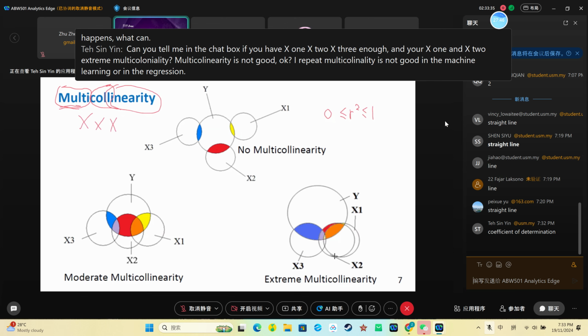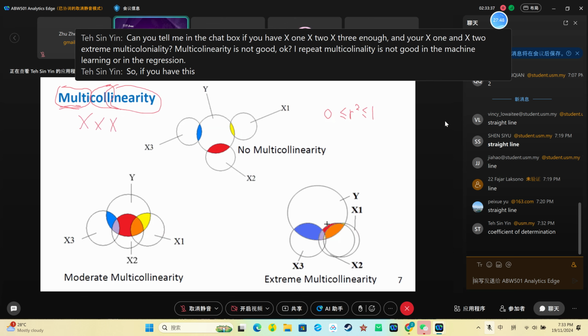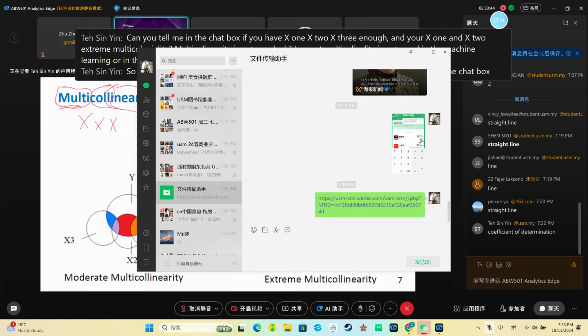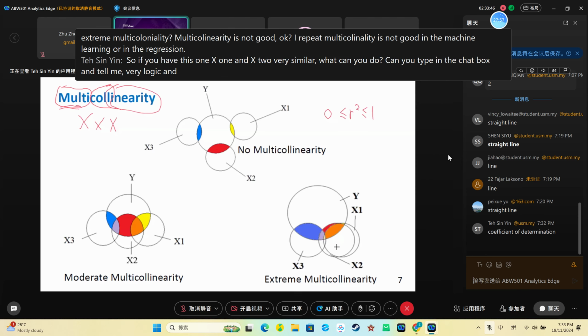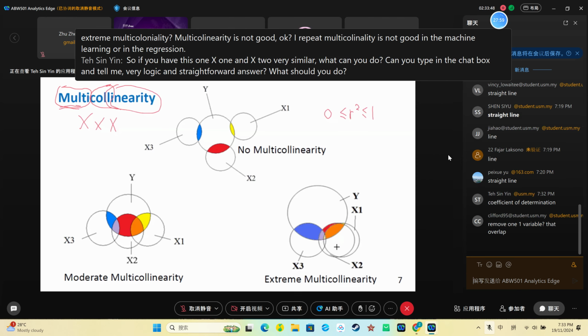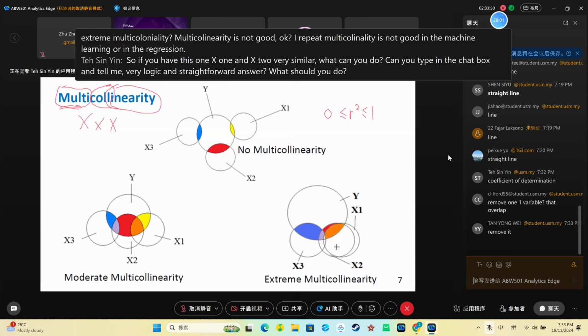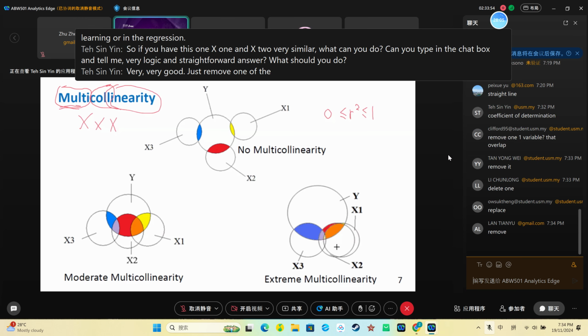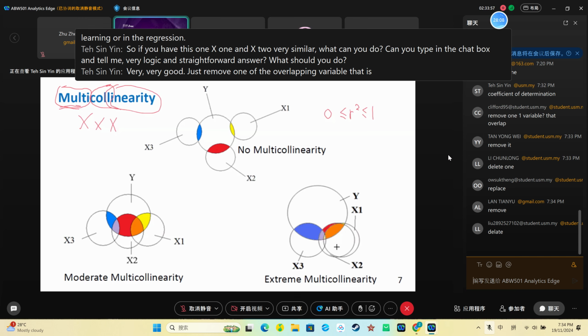So if you have x1 and x2 very similar, what can you do? Can you type in the chat box and tell me? Very logical and straightforward answer. What should you do? Very good. Just remove one of the overlapping variables. That is the most straightforward answer.